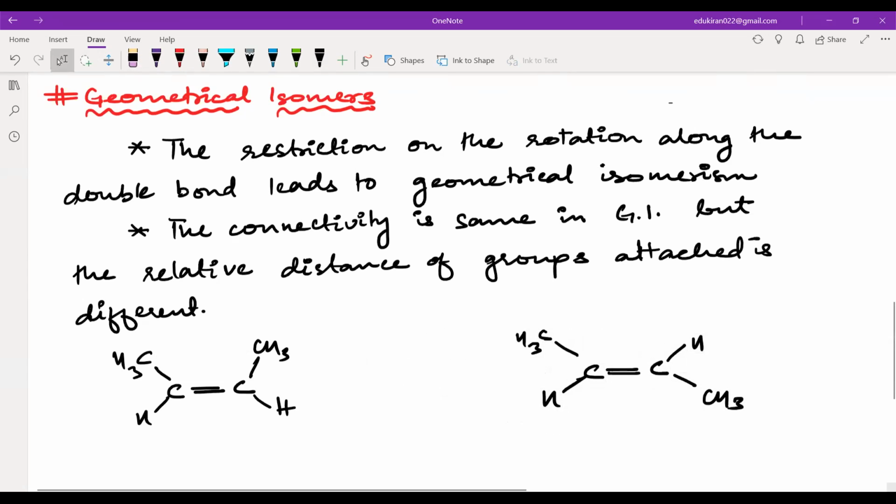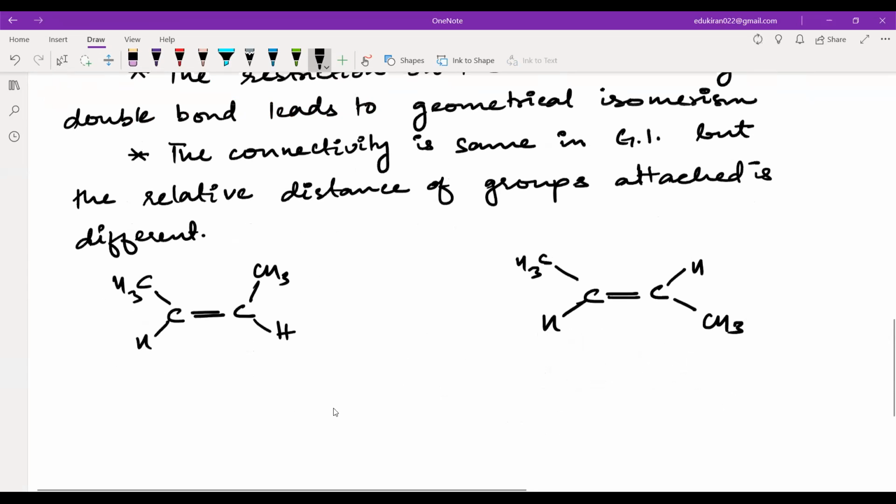Okay. Now, how do we name this? If you have similar groups on the same side, like CH3 and CH3, they are same type of group and they are attached on the same side. Then this type of geometrical isomer is known as cis isomer.